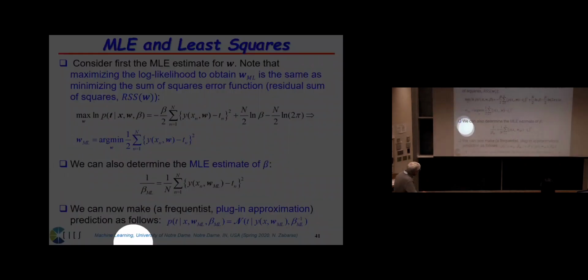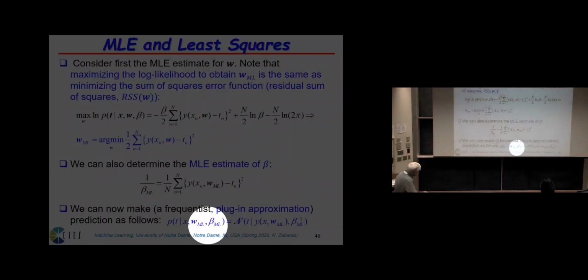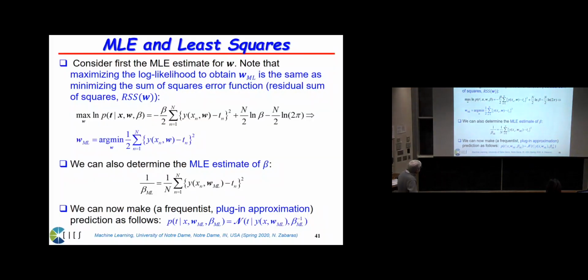When you look at this formula the way it is, these parameters are fixed to what values? I see MLE. So what values are those? Well, they are the MLE estimates of the parameters, right? They are the MLE estimates of the parameters.